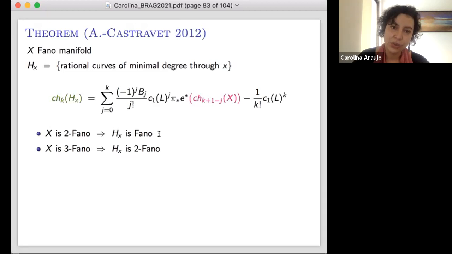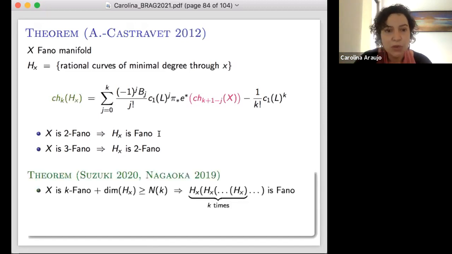And this sort of inductive structure has been explored with respect to this problem. Very recently, this approach was taken further by Suzuki and Nagaoka. What they proved is the following.